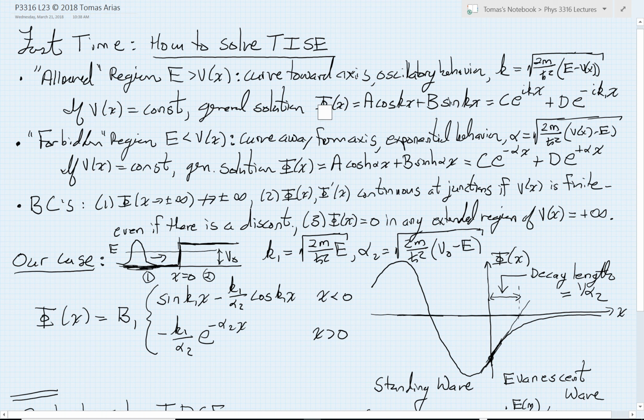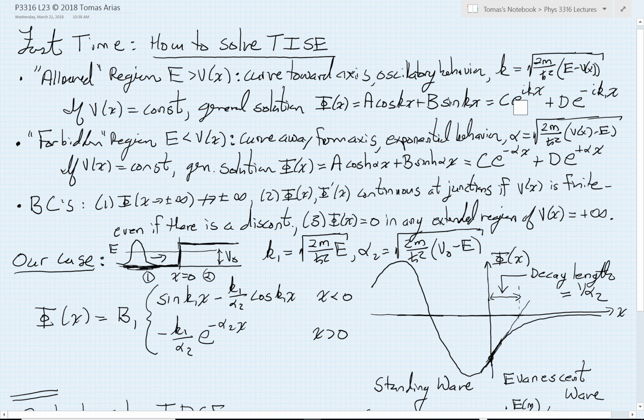In that case, the wave function becomes simply a combination of sines and cosines with appropriate prefactors, which is exactly equivalent to having two adjustable parameters multiplying not sines and cosines, but complex exponentials, which represent a forward traveling wave and a backward traveling wave.